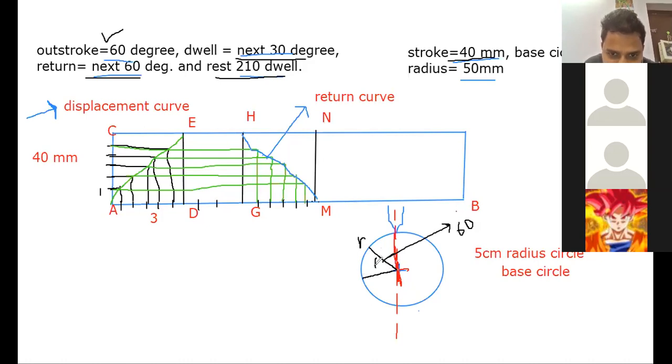So how much would this angle be? This angle now would be 30 degrees. Okay, Sahan, got it till here, right? Yes, sir. Okay, this point I would name here as M point. Perfect. Then what is the question saying to me? Sahan, tell me, how much is the return stroke?